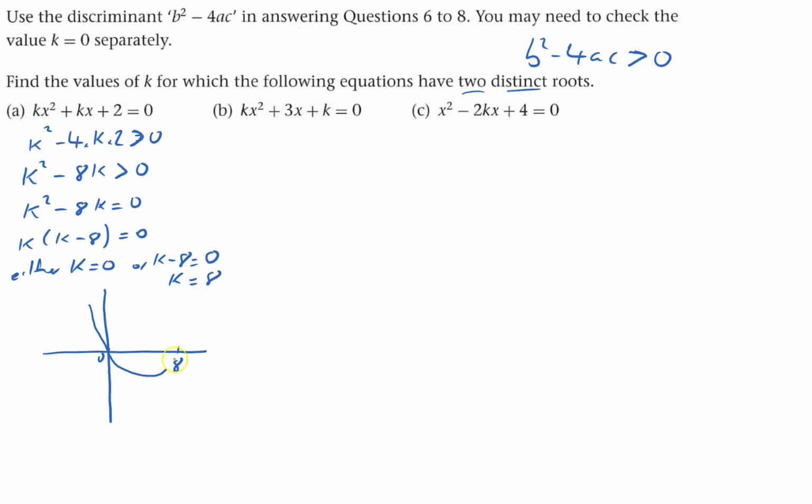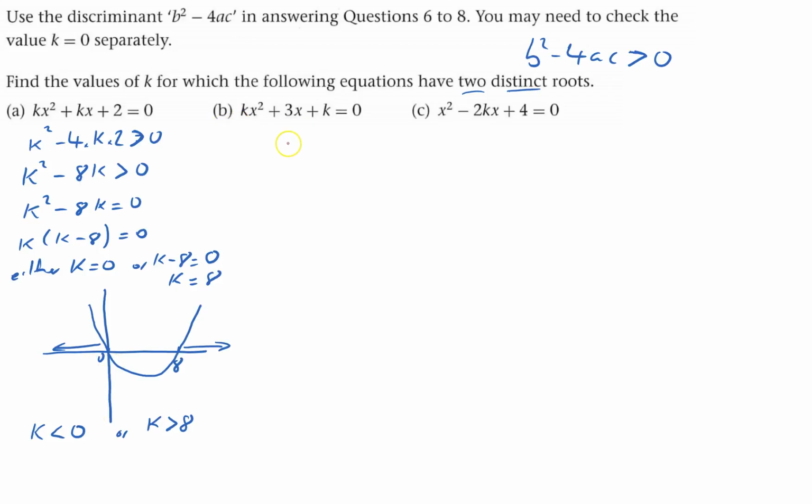And we want to find out when it is greater than 0. So when the curve is above the line y equals 0, all the way here and all the way there. So k has got to be less than 0 or k has got to be greater than 8. I haven't got to worry about when k equals 0 because it's not allowed to equal 0.